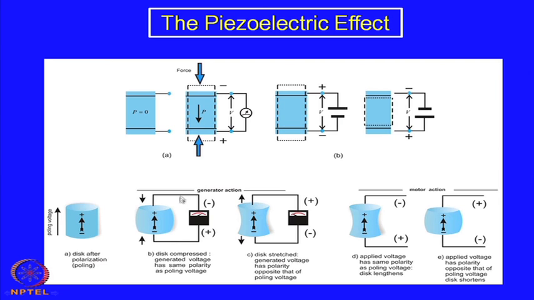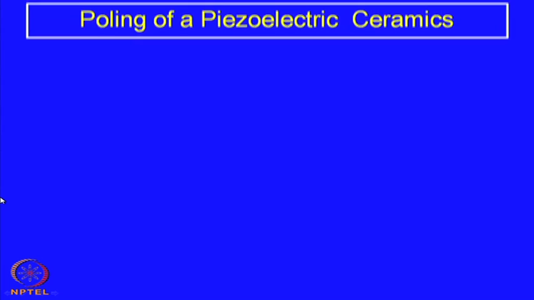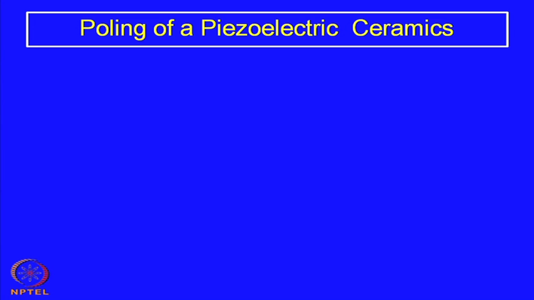So, these are the phenomena of piezoelectricity, because two energies are coupled together and one is getting converted to the other through a transducer effect. That is the main criterion of a piezoelectric effect.